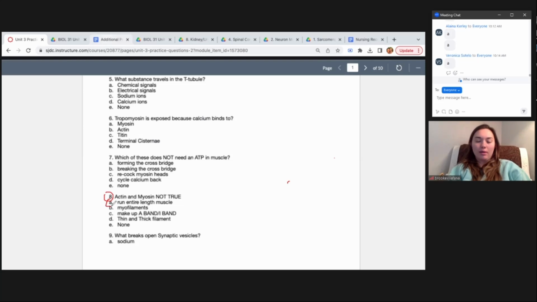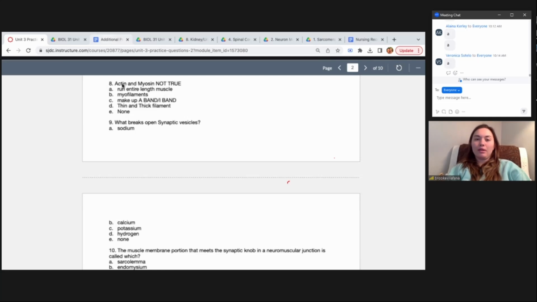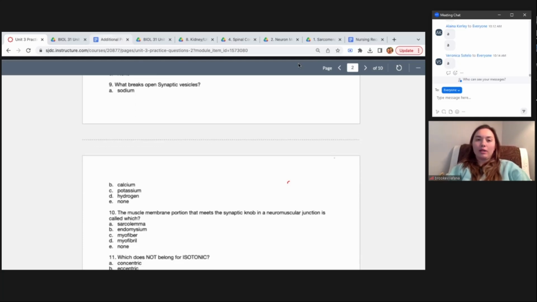You guys got it this time, right? So they do not run the entire length of the muscle. Remember that myofibrils do, and the myofiber does, but the myofilaments, which are actin and myosin, help make up the A band and the I band, and they are the thin filament actin, the thick filament myosin. They do not run the entire length of the muscle. Good. So A is correct.